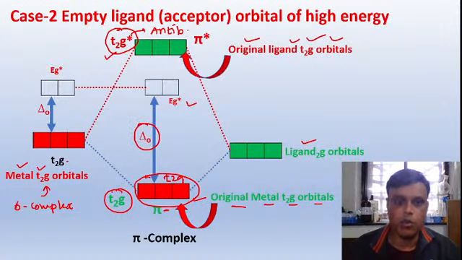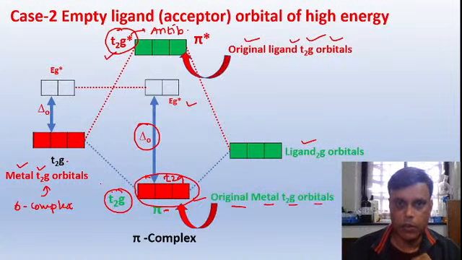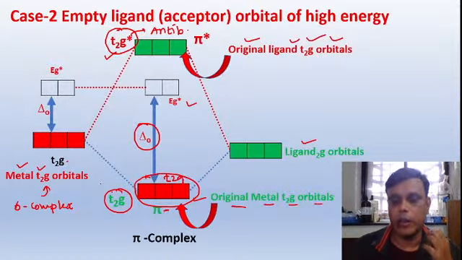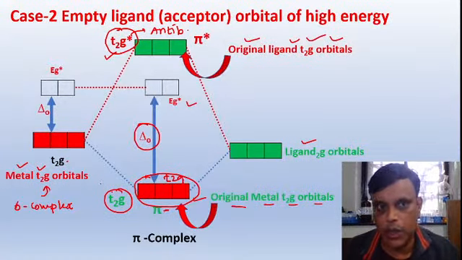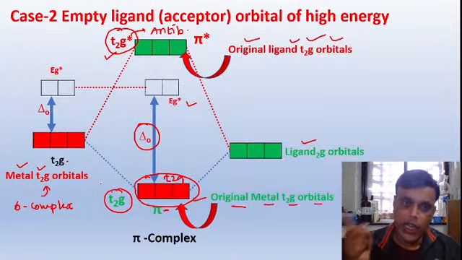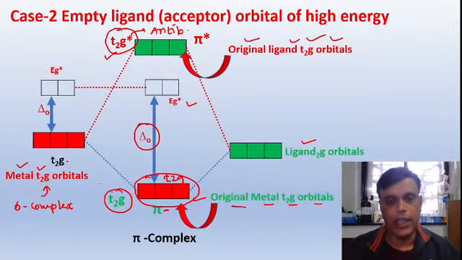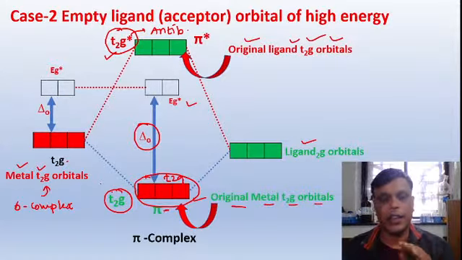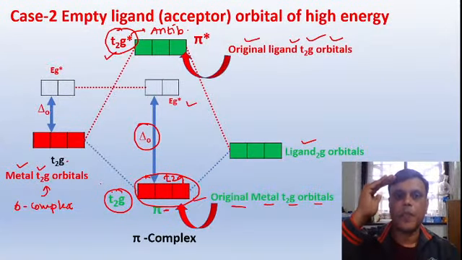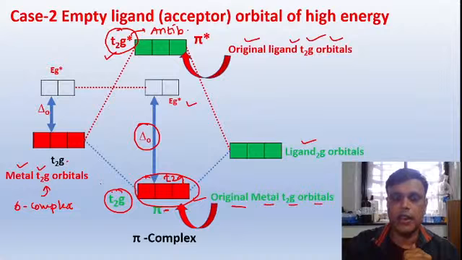And in this case, the magnitude of Δ0 gets increased, and as you know, the higher the magnitude of Δ0, the higher will be the stability of the complex. Now when the metal donates electrons to the ligand, the magnitude of Δ0 gets increased, and as it increases, the complex attains a greater stability.